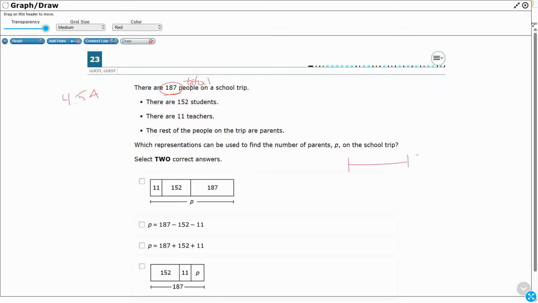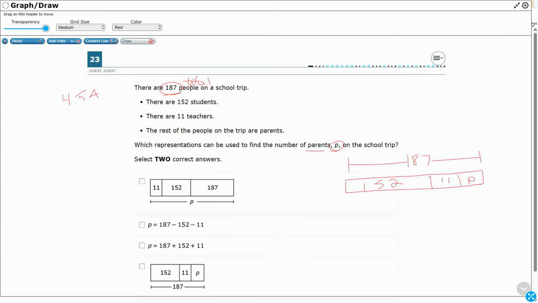So I'm going to draw this right here. And then we're basically going to put it in chunks. We're going to put 152 students. That's a lot of students. I've got 11 teachers, and then the rest are parents. P stands for parents. So there we go. The students, the teachers, and the parents all together equal the total number of people on the trip.